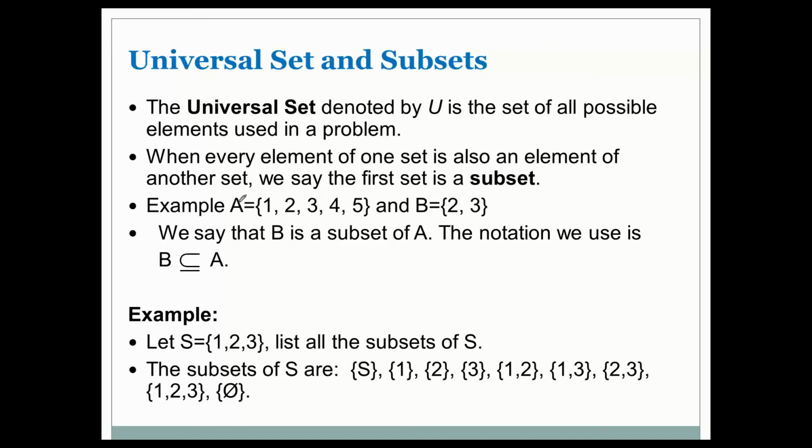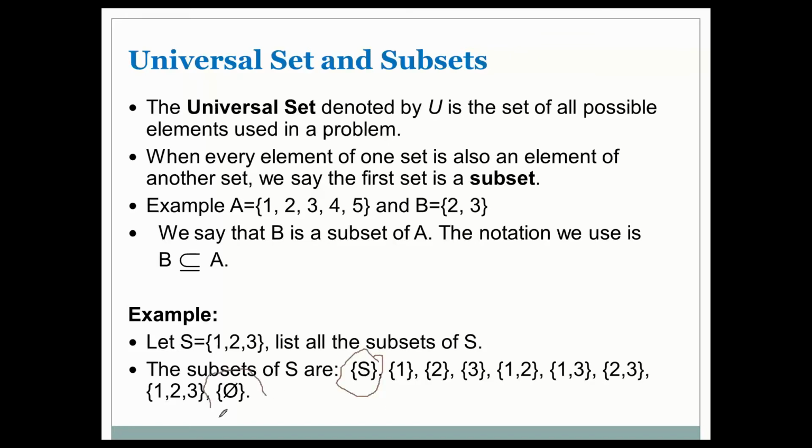An example here would be A, our one set, with 1, 2, 3, 4, 5. B has the numbers 2 and 3. So we can say B is a subset of A, and the notation we use is the set B, subset of A, with this little line under it. Here's another example. If we have S as 1, 2, and 3, we want to list all the subsets of S. Some things to remember: S is going to be a subset of itself.